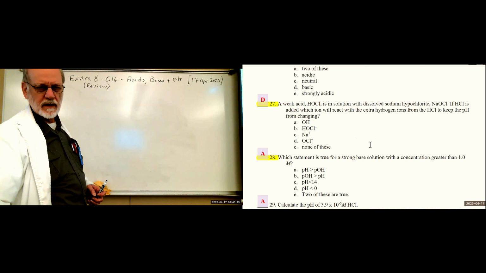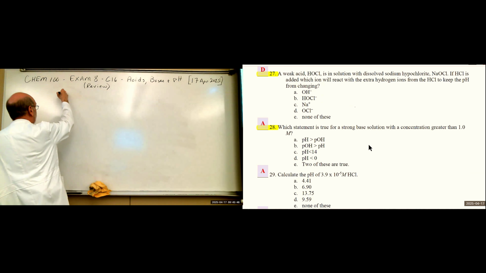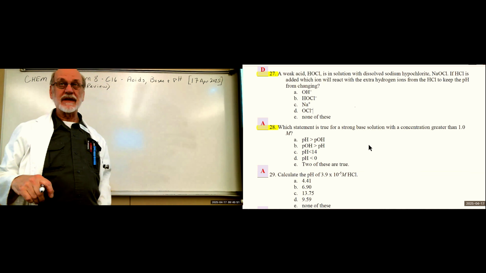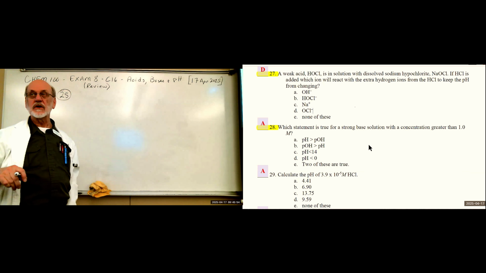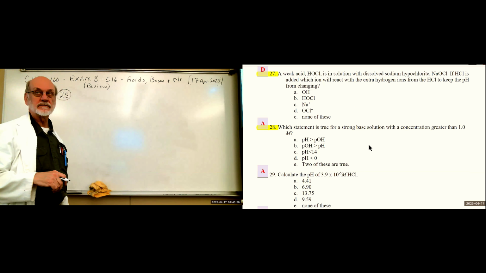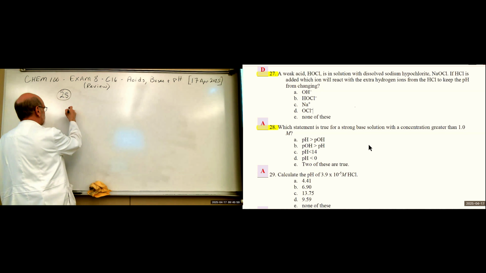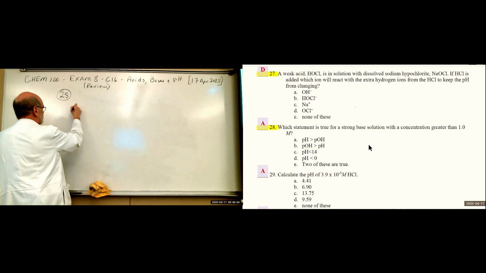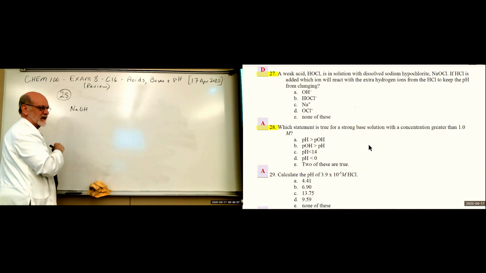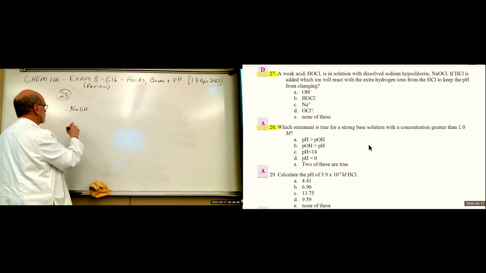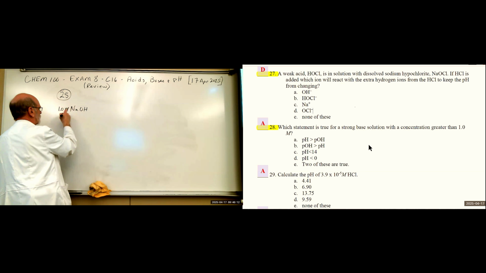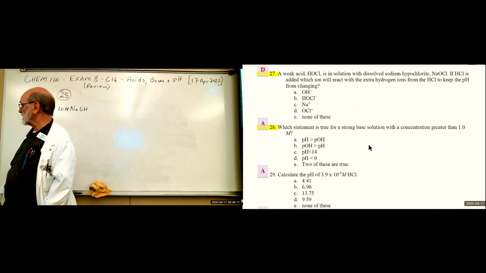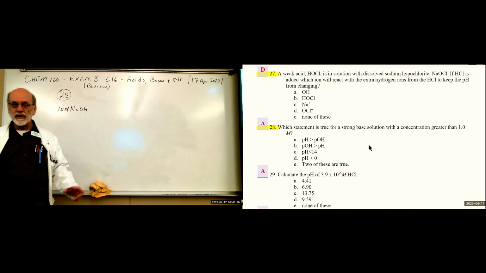All right, next. 28. Which statement is true for a strong base solution with a concentration greater than 1 molar? Okay, strong base. Let's make this real. Let's say it's sodium hydroxide. We know that's a strong base. And if it's 1 molar, it could be potassium hydroxide, or lithium hydroxide or rubidium hydroxide.